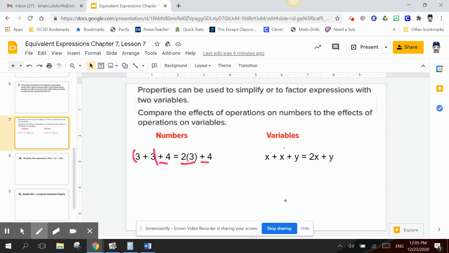Same thing with variables. We can combine two of the same variable and then add the other one that's not the same. So when you talk about variables, all the x's can be together, all the y's have to be together. They cannot be both x's and y's together.